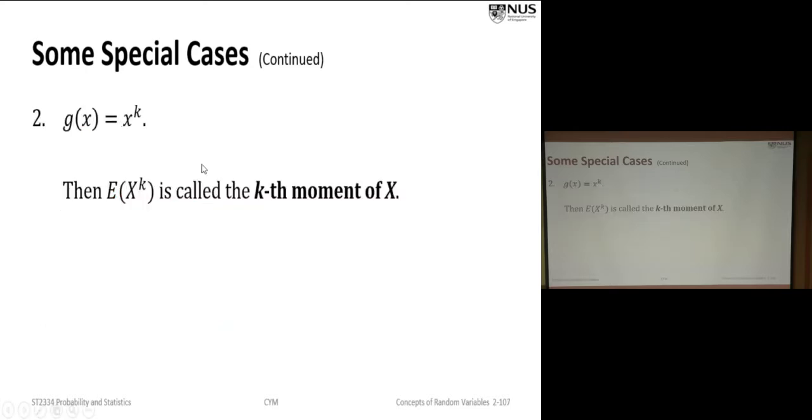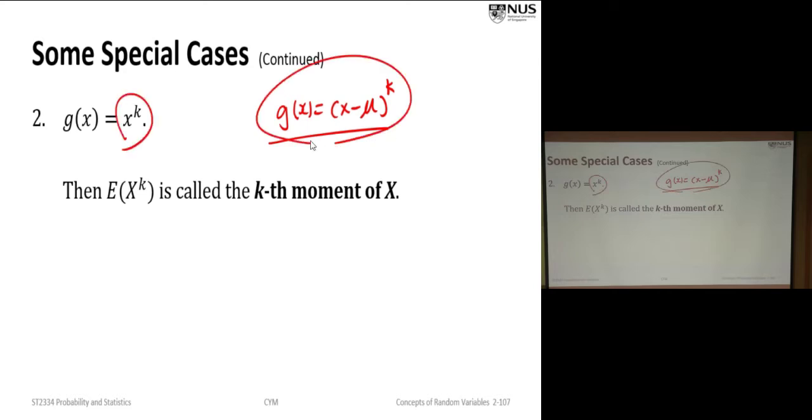Okay, so another special case is g(x) equal to x to the power k. It's called the kth moment. Can we have this? Right? We can have this. And we also have a name for it. This is called the kth moment. So what do we call this? It's also to do with the kth moment, but it's called the kth central moment.